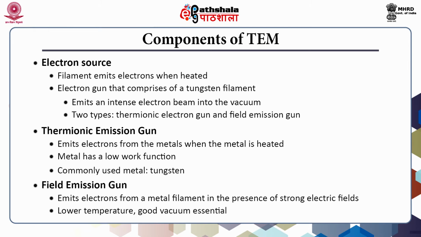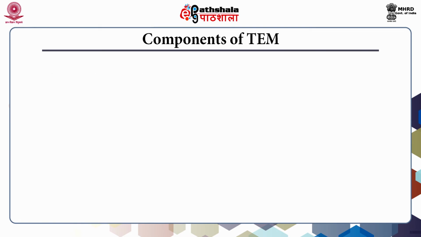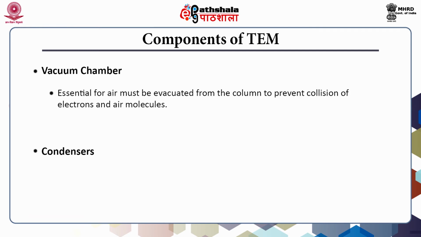A very good vacuum is essential. Other components of transmission electron microscope are vacuum chamber, condenser and electromagnetic lenses. Air must be evacuated from the column so that the electrons do not collide with available air molecules and scattering of electrons is thus avoided.